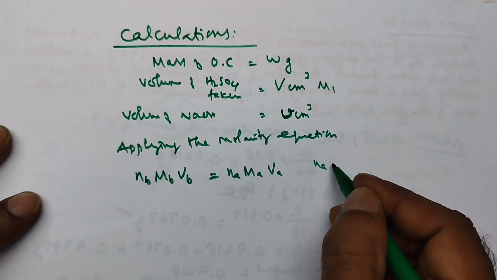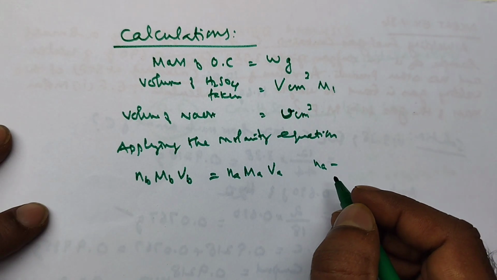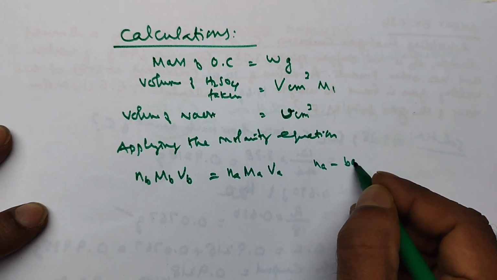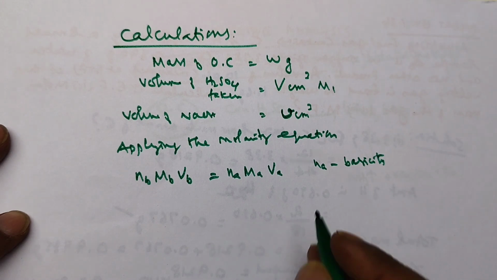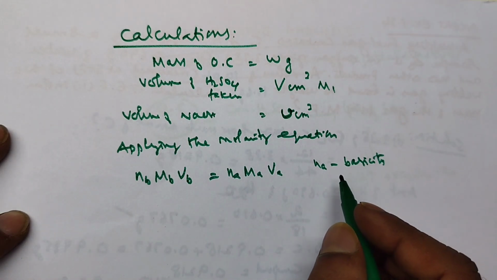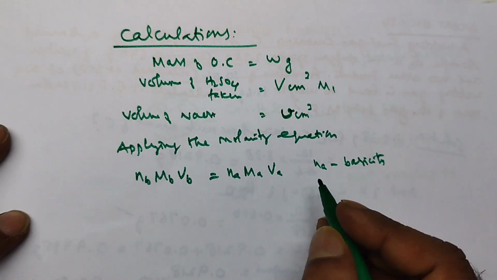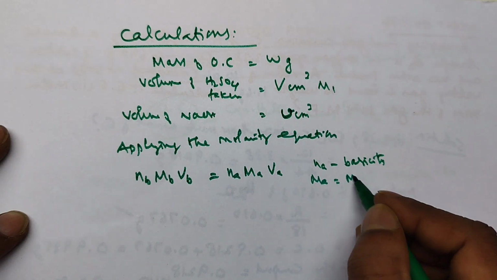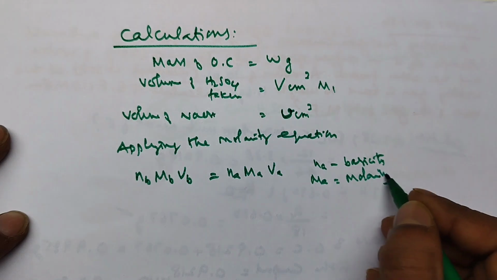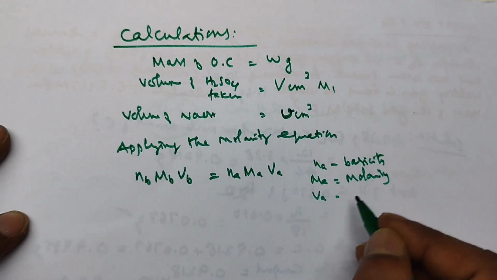NA is the basicity, the number of replaceable hydrogen atoms in the acid. MA is the molarity of the acid, and VA is the volume of acid taken.